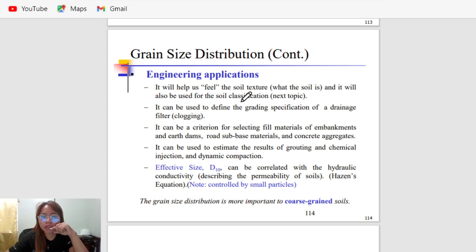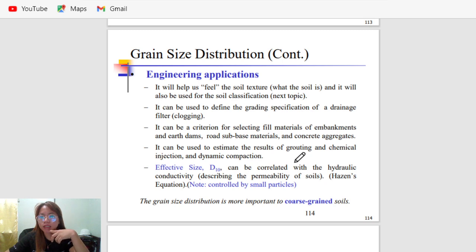For the engineering applications of the grain size distribution, it will help us feel the soil texture, what the soil is, and it will also be used for the soil classification in the next topic. It can be used to define the grading specification of drainage filter. It can be a criterion for selecting fill materials of embankments and earth dams, road sub-base materials, and concrete aggregates.